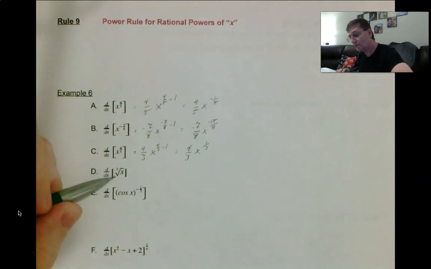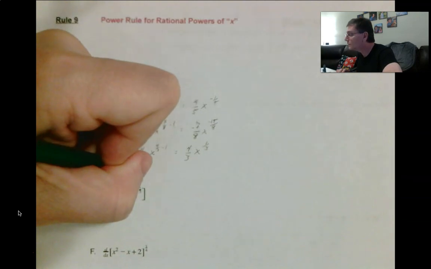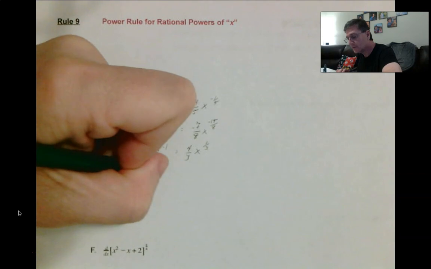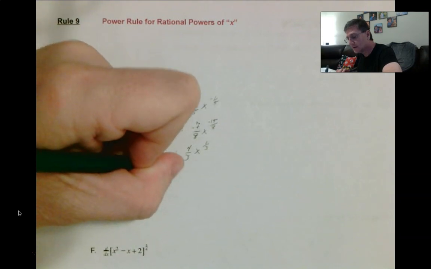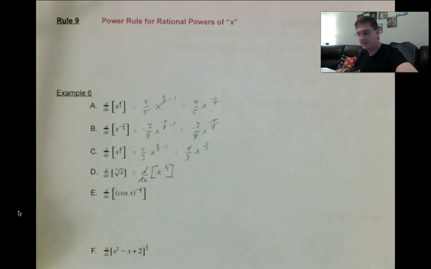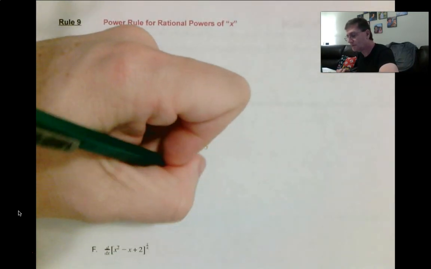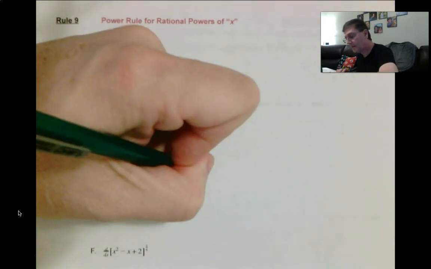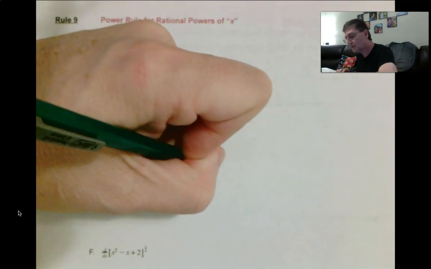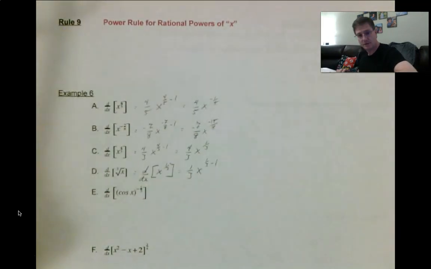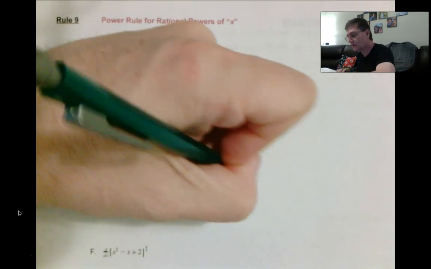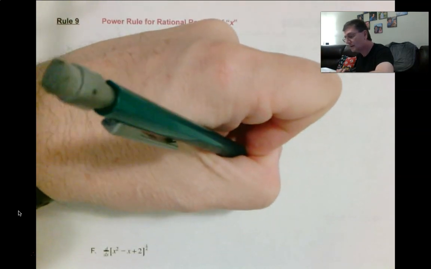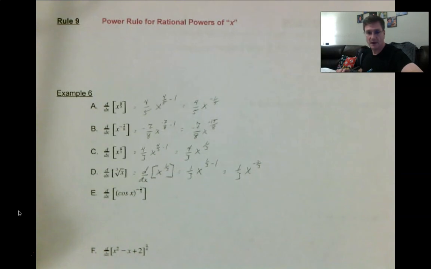I'm going to turn this into a fractional exponent. So we're doing dx of x to the 1/3 power. It becomes, put the exponent out in front, x to the 1/3 minus 3/3. 1/3 x to the negative 2/3 power.